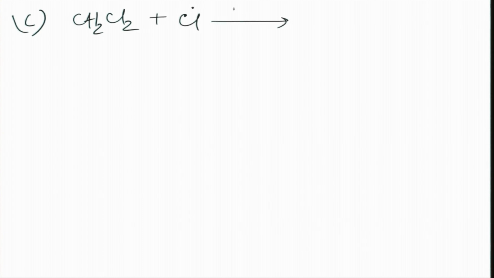Then this CH2Cl2 and 1 chlorine free radical, again one CH bond is broken and CHCl2 free radical is formed along with HCl.